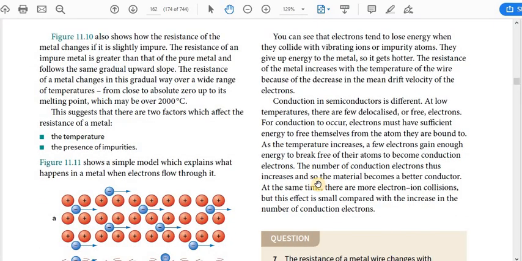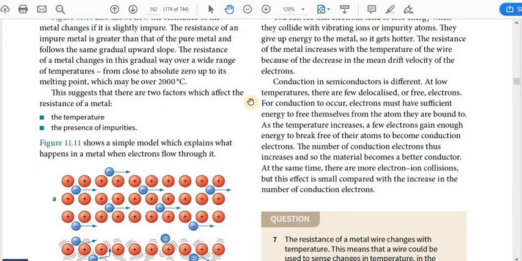Okay, now we will learn how a temperature increase causes an increase in the resistance of a metal. Even in other materials that conduct, the resistance increases with increasing temperature, because the vibration of the particles increases.